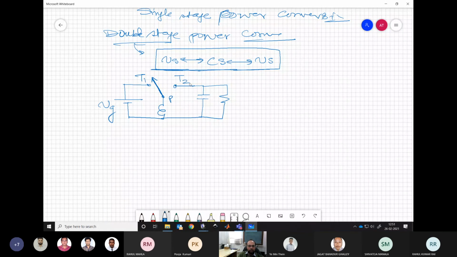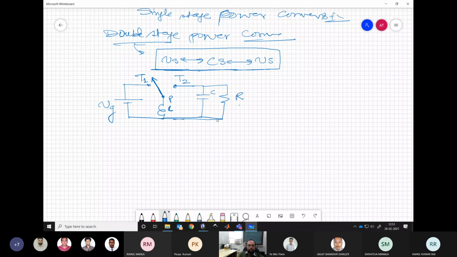Pole is always connected to the current stiff element. Please remember, always. So wherever is your inductor, you will always connect the pole with that, so that inductor is never disconnected from the circuit. It is always in the circuit. So P is always either connected to T1 or connected to T2. There is no transition time in between. So then we have the T2 connected to the capacitor bank and resistance R.